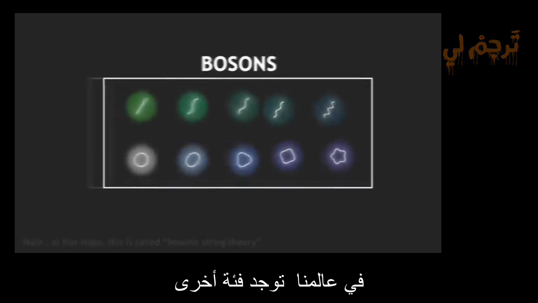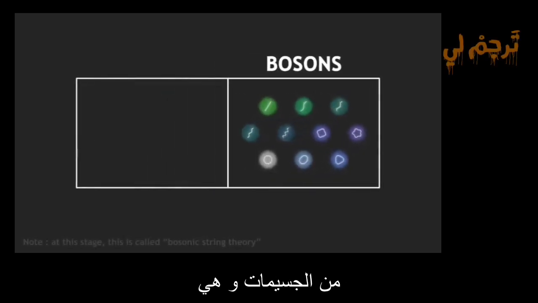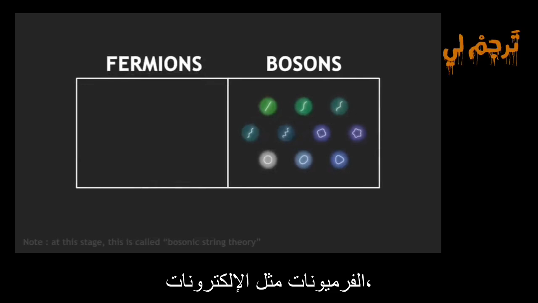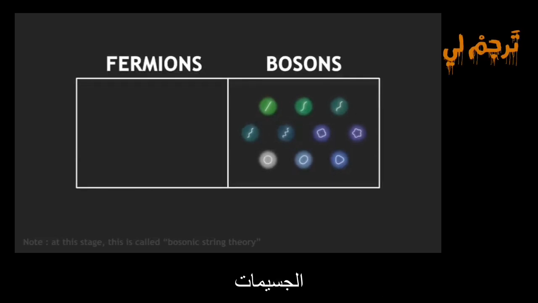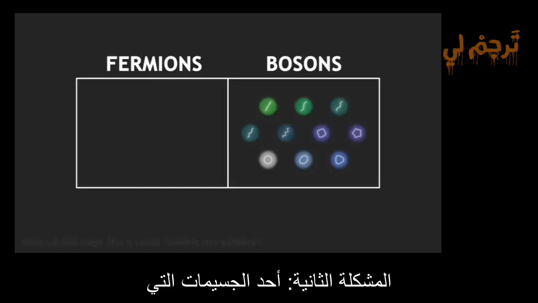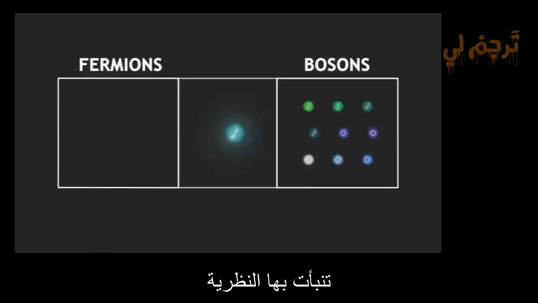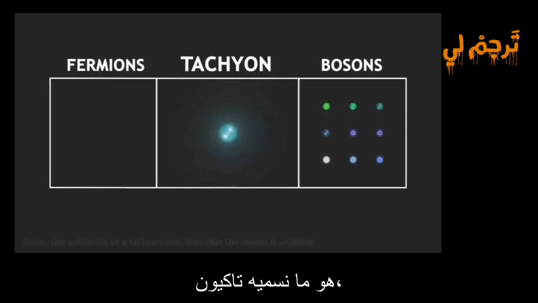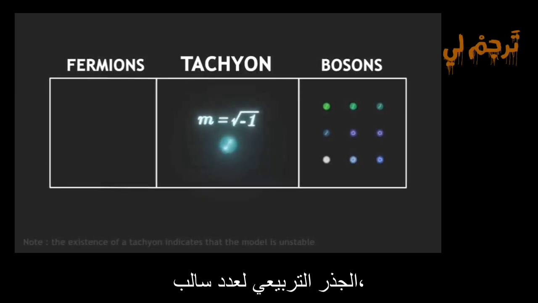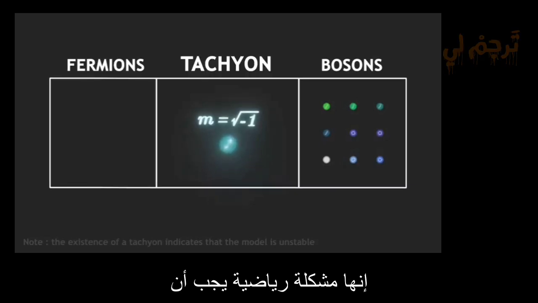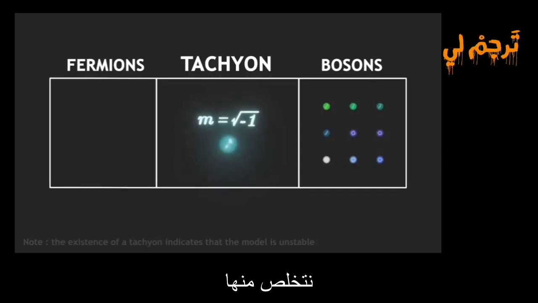In our world, there is another category of particles, fermions, such as electrons, but so far our model does not predict such particles. Second problem: one of the particles predicted by the theory is what we call a tachyon. Its mass appears to be an imaginary number, the square root of a negative number. It is a mathematical problem that we must get rid of.